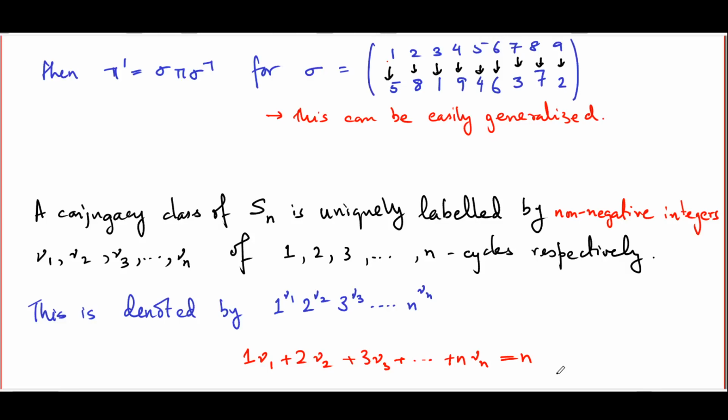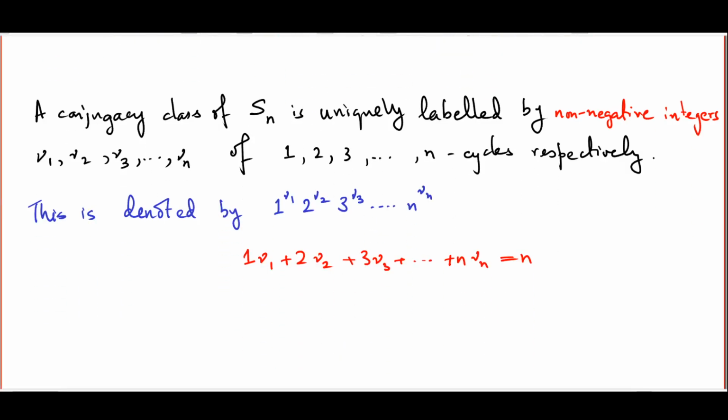And in general, you can figure out all possible combinations of nu(i)s for a given n rather simply, and that will be able to label all the different conjugacy classes which this particular permutation group Sn will have.